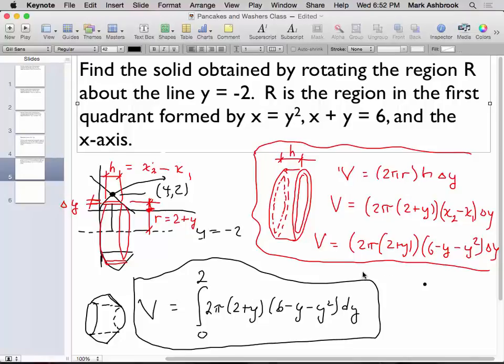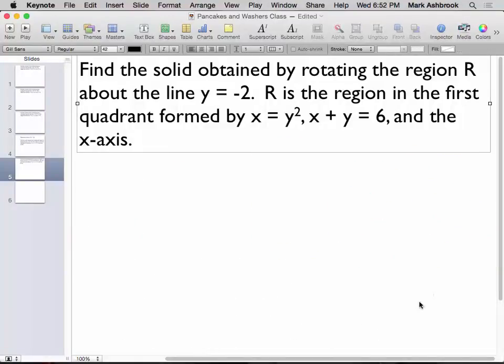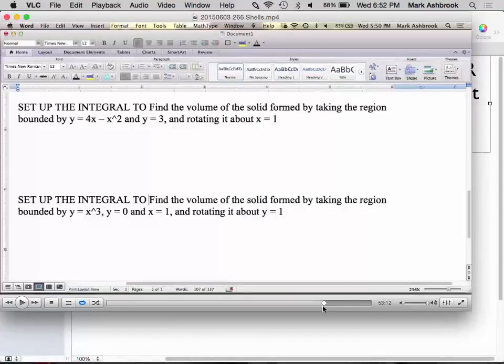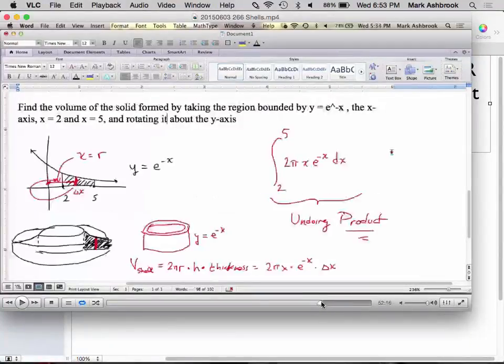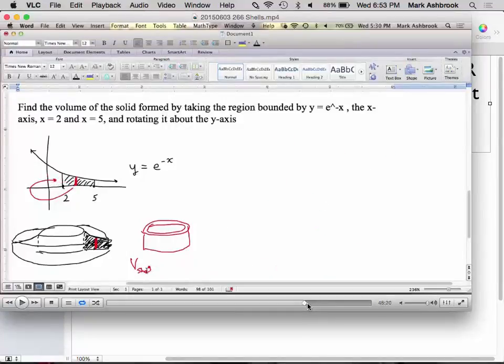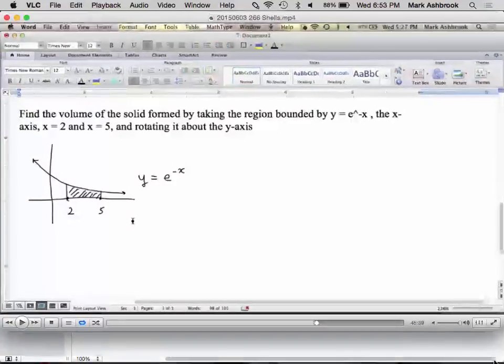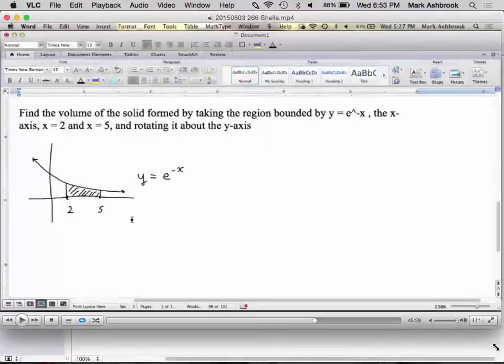Okay, so you guys practice, and I have lots of homework to give back. Any questions before I set you loose here? Is this 7.3 or 2 stuff? I think it's 7.3. So this is relatively easy.